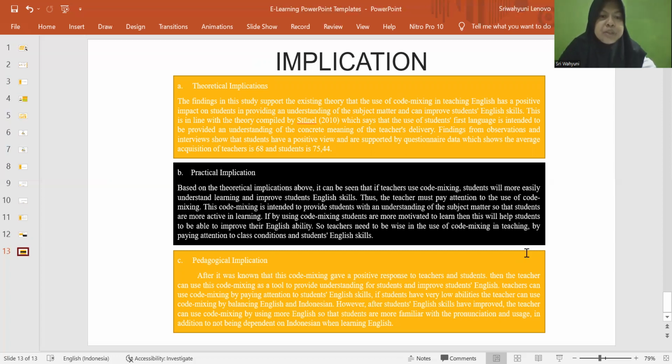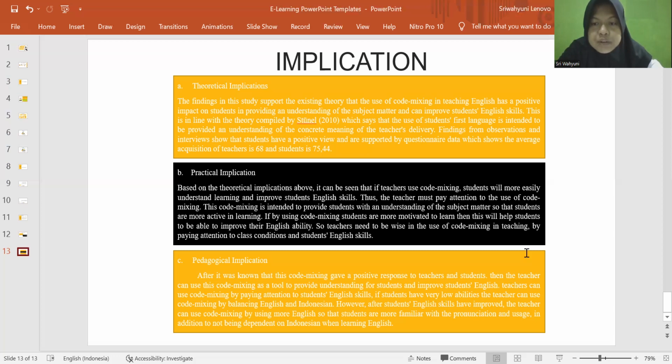The last one is pedagogical implication. After it was known that this code mixing gave a positive response to the teacher and the students, the teacher can use this code mixing as a tool to provide understanding for students and improve students' English skill. Teachers can use code mixing by paying attention to the students' English skill.